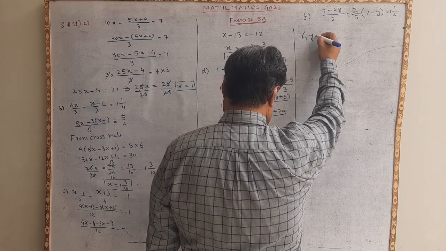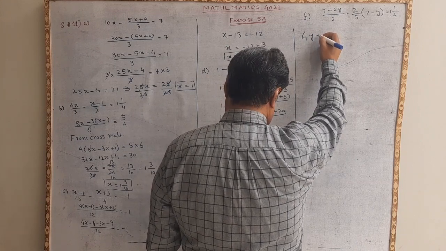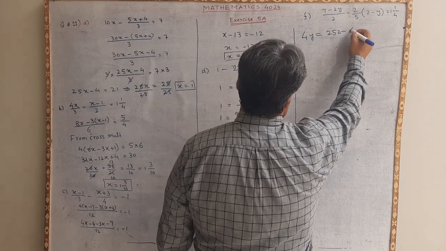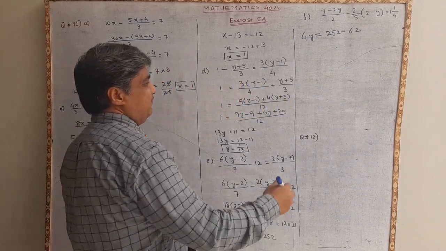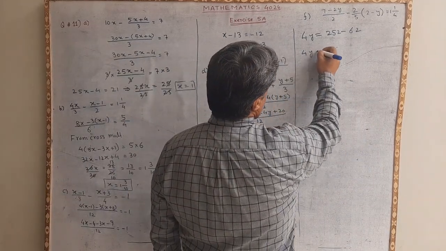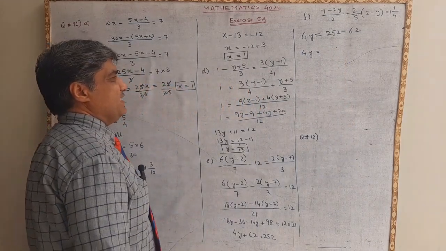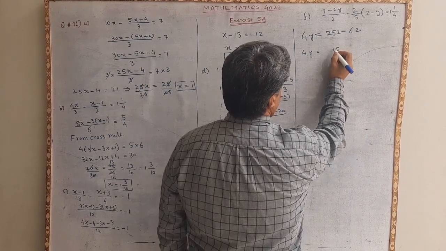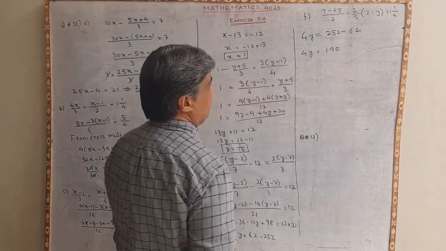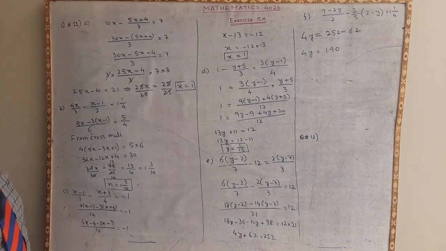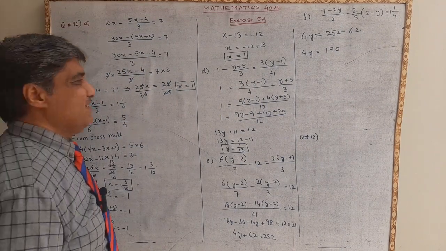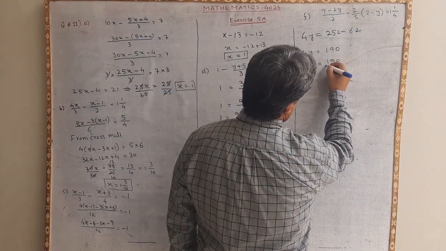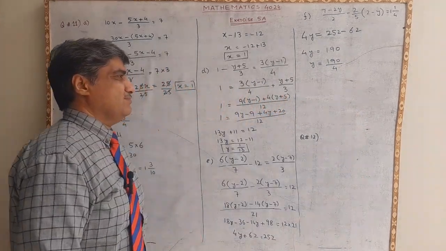Now I have to write this 4y plus 62 is equal to 252, so 4y is equal to 252 minus 62, and when I subtract it, 190 will be the answer. Now y is equal to 190 divided by 4.